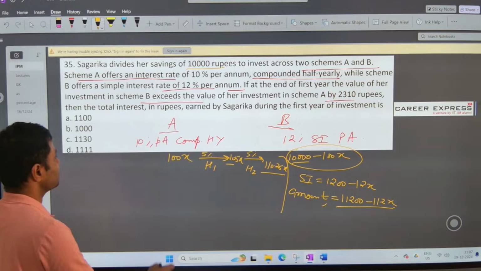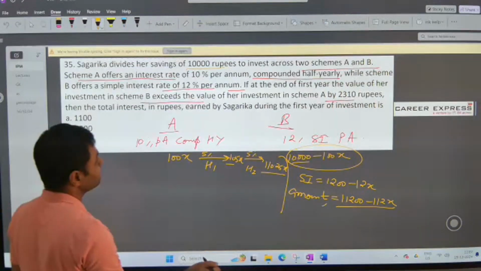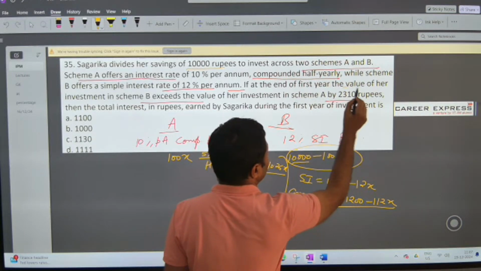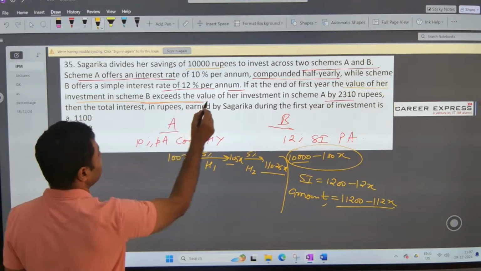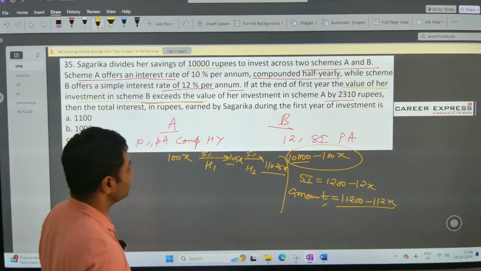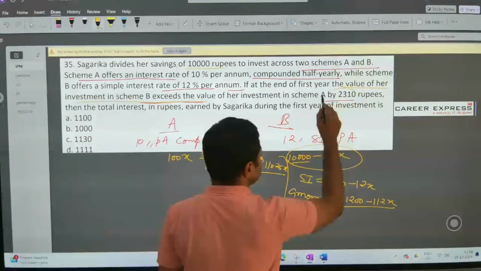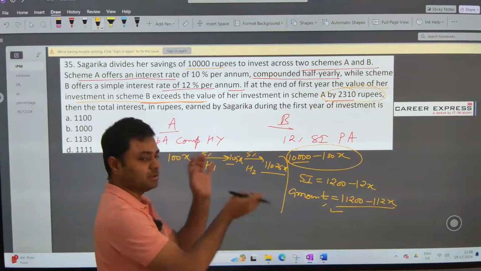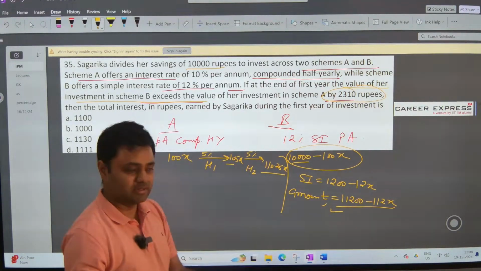Fine. Now the question says that at the end of first year, the value of her investment in scheme B exceeds the value of investment in scheme A by 2310 rupees. So what is the total value of investment in a scheme? The invested money plus the interest money.